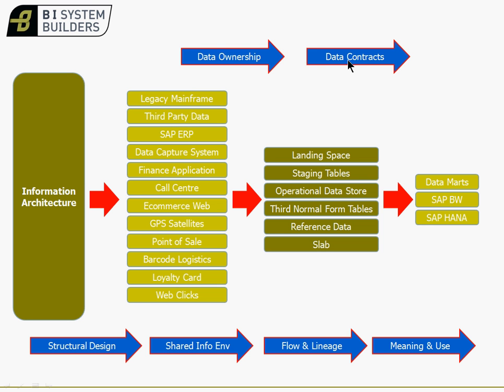And data contracts. When I'm talking about data contract, what I'm alluding to is that all your data will have a genesis somewhere. All the information will have a genesis somewhere. Let's say it starts in a legacy mainframe. That may be administered by a third party, and there may be a contractual agreement as to what information can be taken and how it can be extracted.